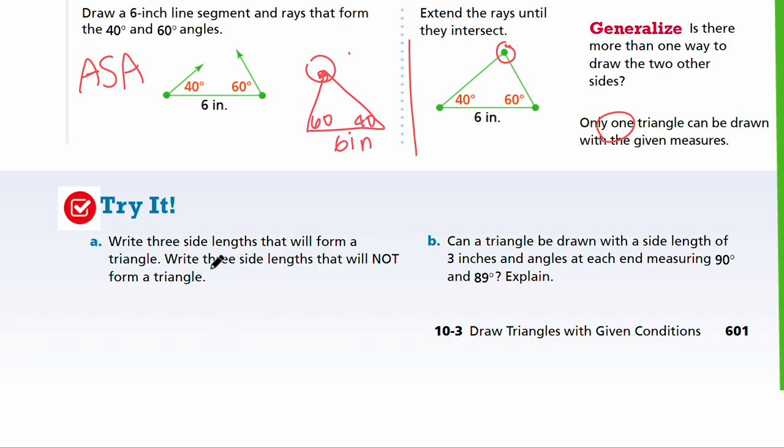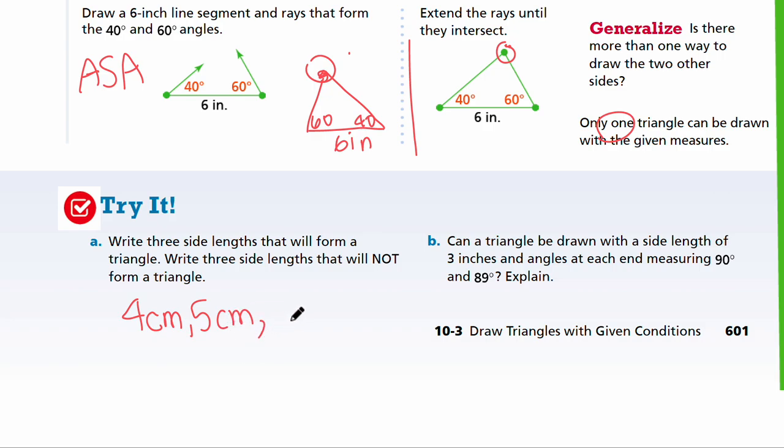But 3 side lengths that will form a triangle could be any combination where the 2 shorter sides added together are bigger than the 3rd side. So if you've picked 4 centimeters and 5 centimeters, the sum of that would be 9. So the 3rd side cannot be exactly 9 or bigger than 9.